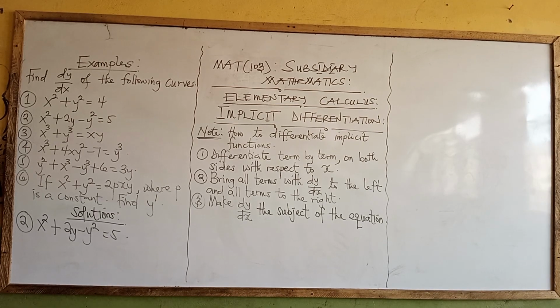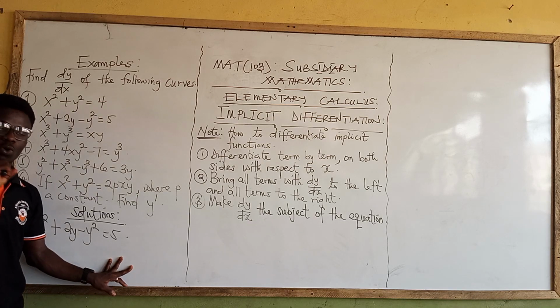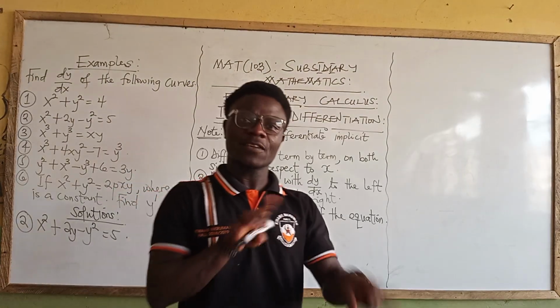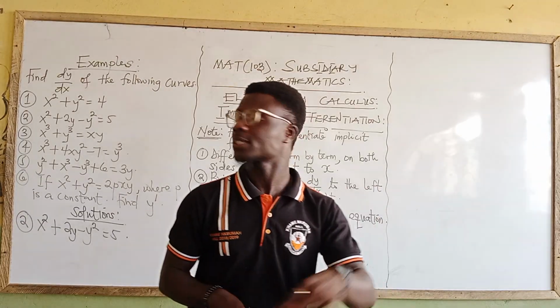Alright, so x squared plus 2y minus y squared equals 5. So now let's differentiate. We are differentiating this function with respect to x. But remember that we treat y as a function of x.